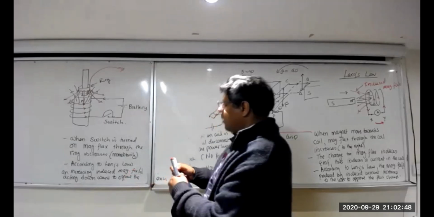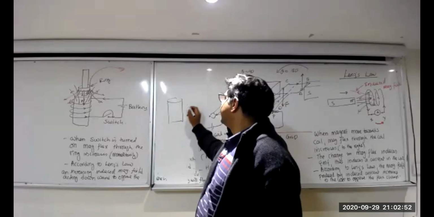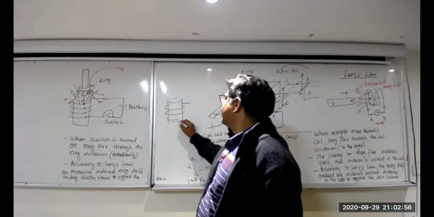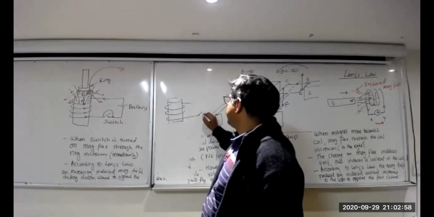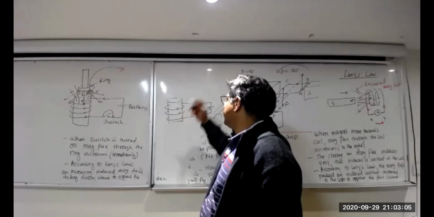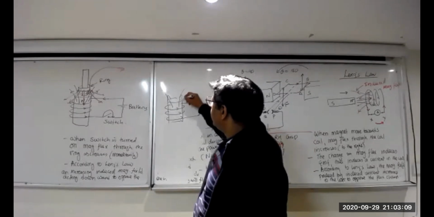So you have this solenoid, right? You turn the switch on, suddenly there is a current flow, and it's producing a north pole there.